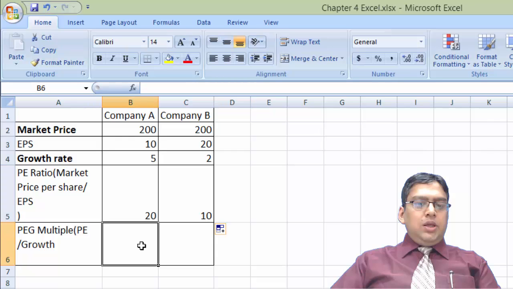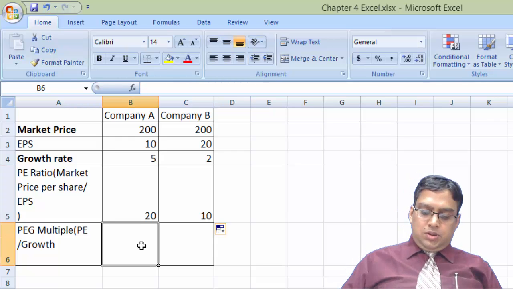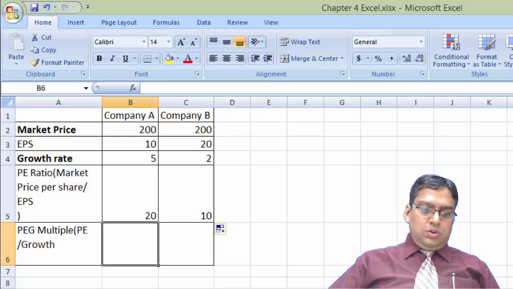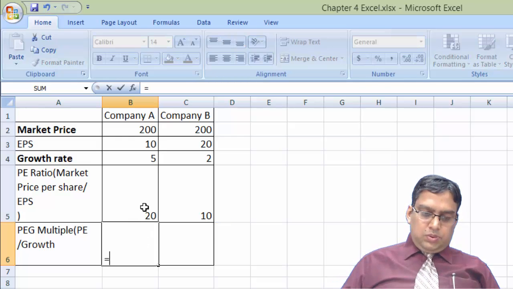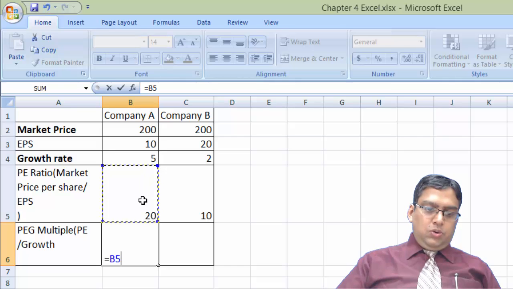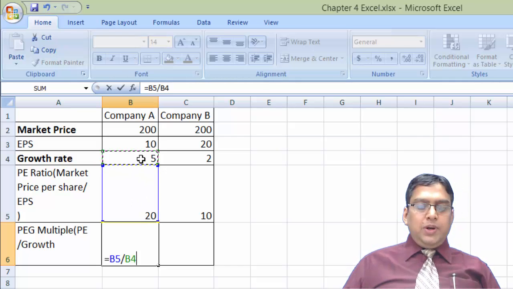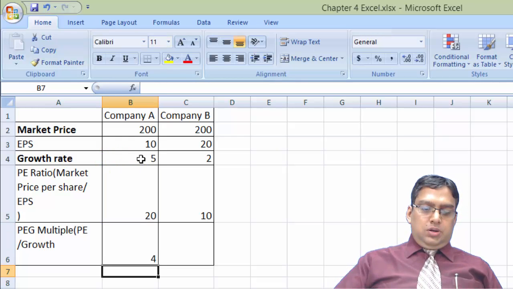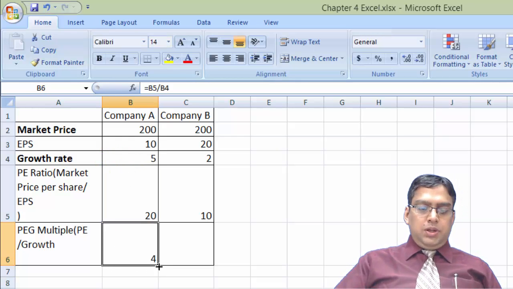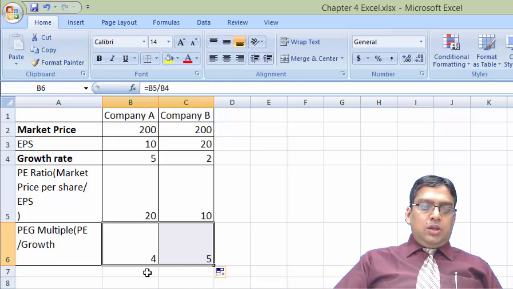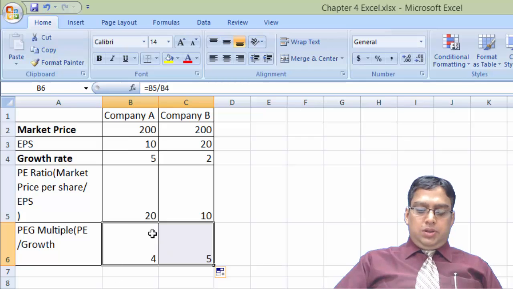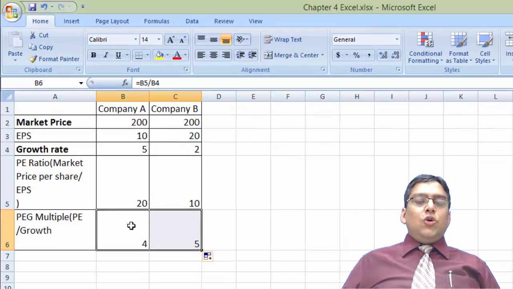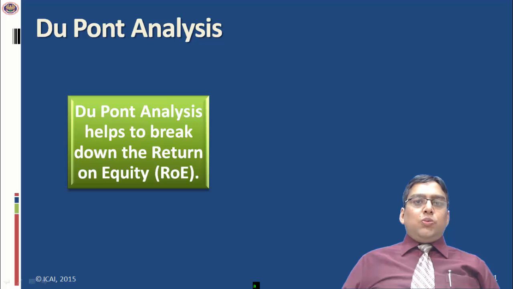The next one is the price earning growth multiplier, which is equal to PE divided by the growth ratio, that means P5 divided by B4. The same is displayed here, that is 4 and 5 is the output of the PEG multiplier.